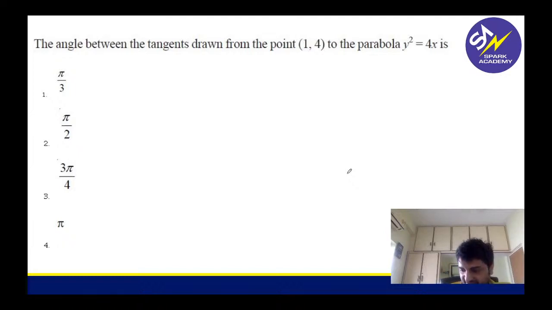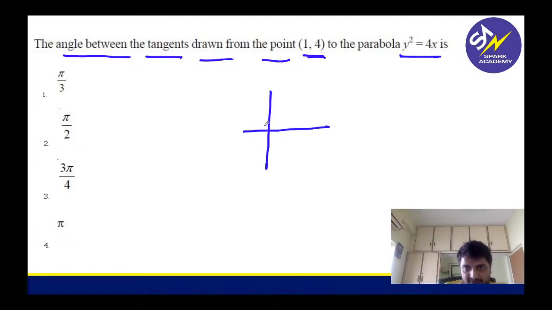Now look at this, guys. Tell me this. Angle between the tangents drawn from the point to y square equal to 4x. Do you remember this? This is your parabola, right?